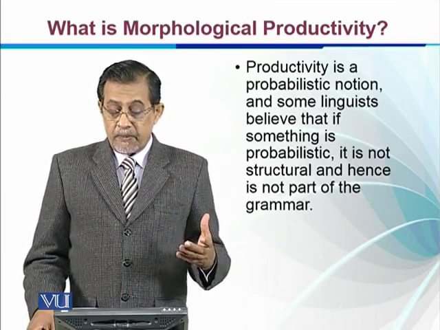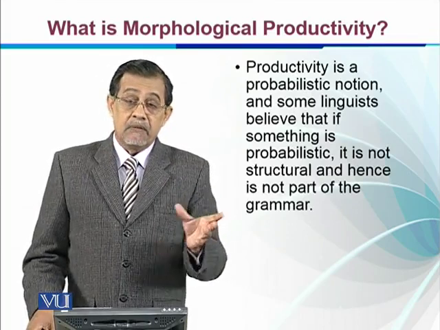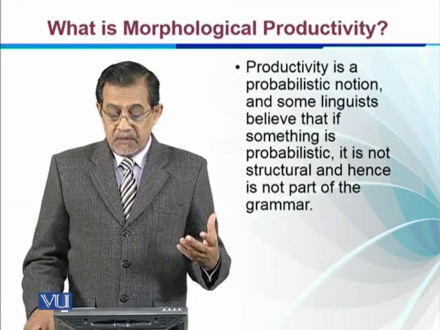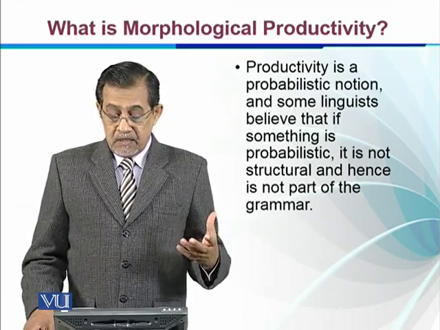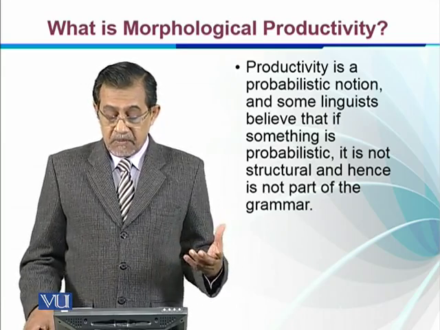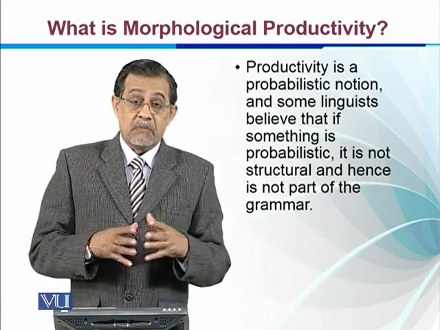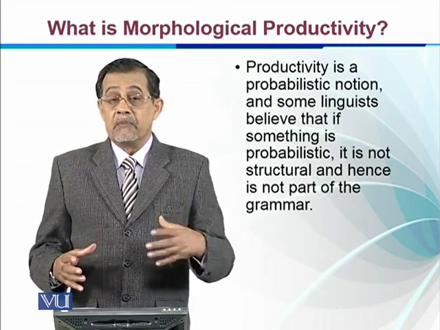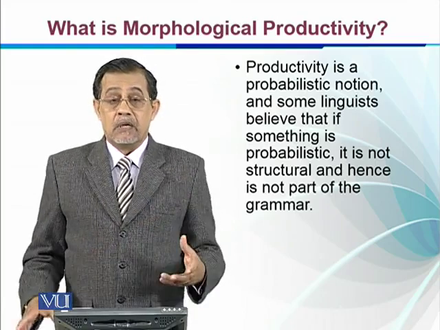Productivity is a probabilistic notion that varies, and some linguists believe that if something is probabilistic, it is not structural and hence is not part of the grammar. I mean, something has variation, so it's not part of grammar. It is contrary to the rules.